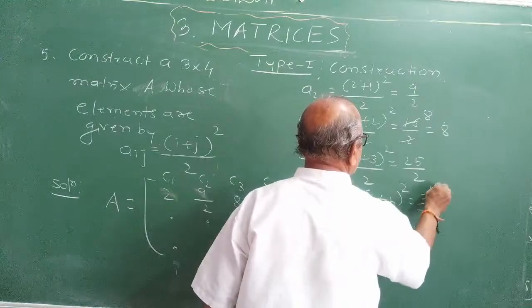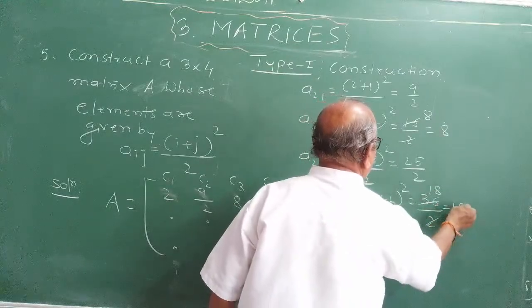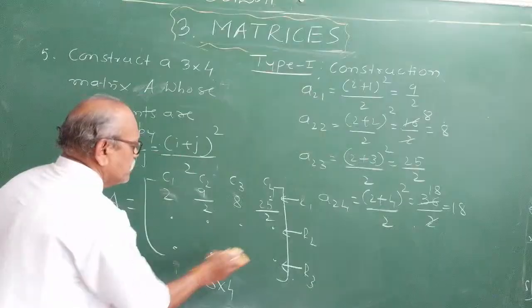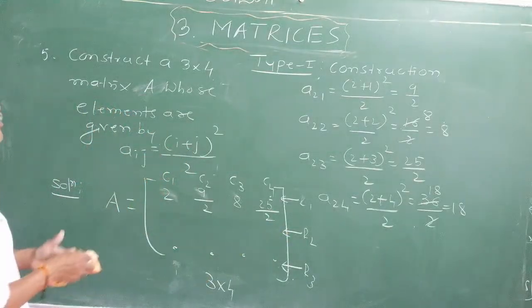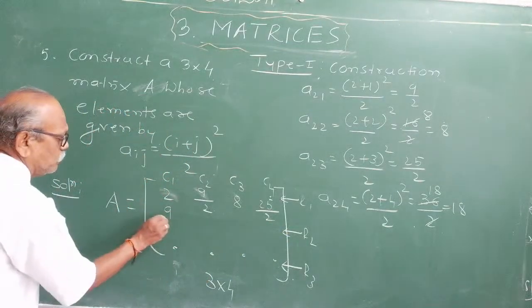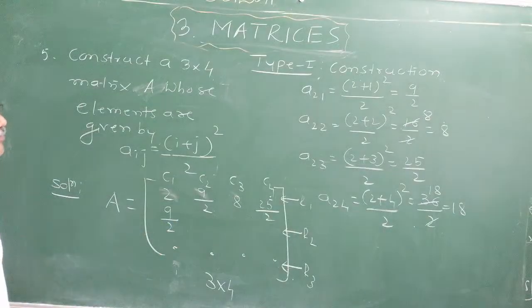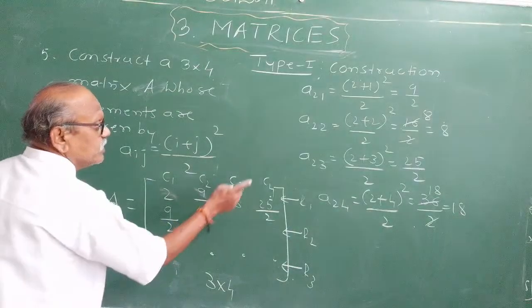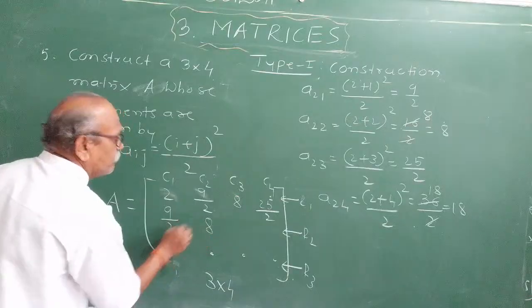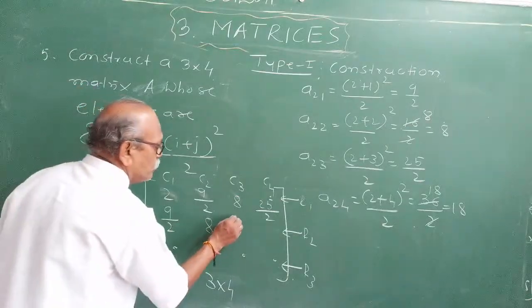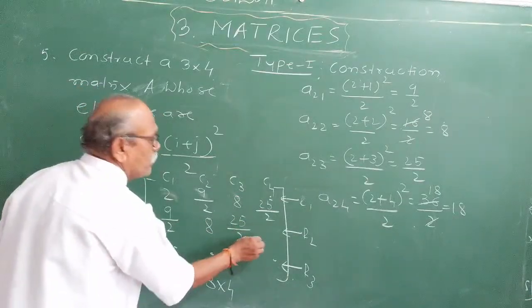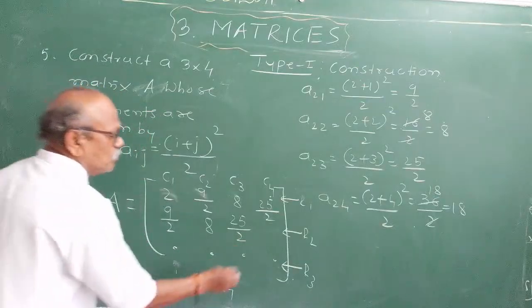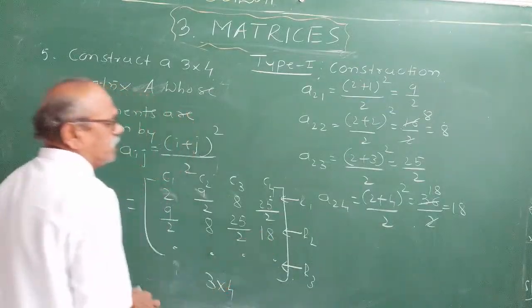You get 2 ones are 2, 2 eights are 16, getting 18. Let us fill the second row elements now. They are ready now. A21 is 9 by 2. I hope you are getting the idea. A22 is 8. Fill the blanks. A23 is 25 by 2. A24 is equal to 18. I hope you got it.